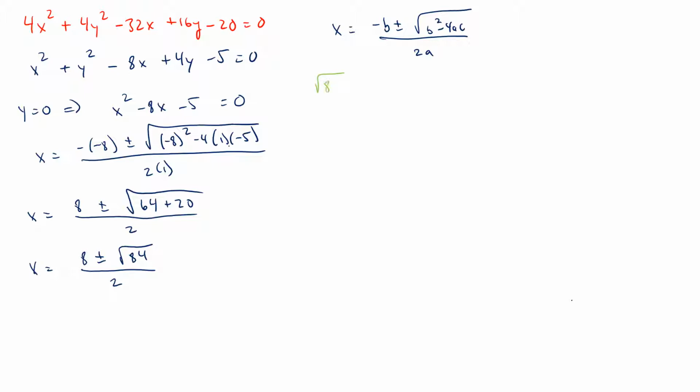Square root of 84 is the same thing as square root of 4 times 21, and I can square root the 4 to 2. So we have 8 plus or minus 2 square root 21 over 2, and I can reduce this to 4 plus or minus the square root of 21. And there we have the x-intercepts. 4 plus square root 21, 4 minus square root 21.